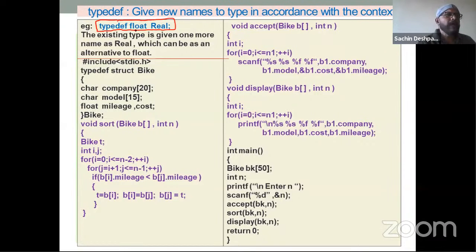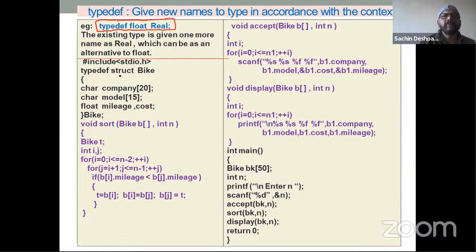In accordance with the given situation, sometimes we may feel that using real instead of float is more appropriate in the context of the program or the problem at hand. We want sometimes that we should call it real. So you can simply write typedef float real. It means that we are saying float can now additionally be represented by one more name, that is real. So that is a typedef.